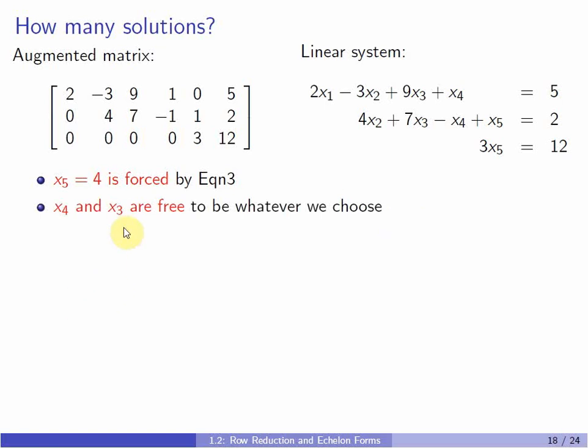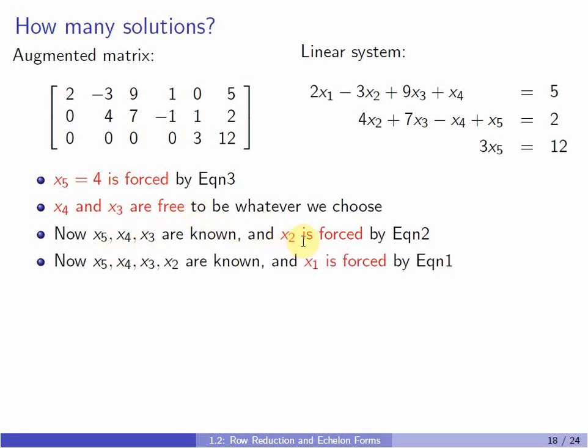And because x3 and x4 are any real numbers that you choose or that anybody else chooses, you can automatically already see that there's an infinite number of solutions. Right? So now that x5 is fixed to be 4, x4 and x3 are any real numbers that anybody could choose. x2 is now forced, and then now that those variables are all known, x1 is forced.